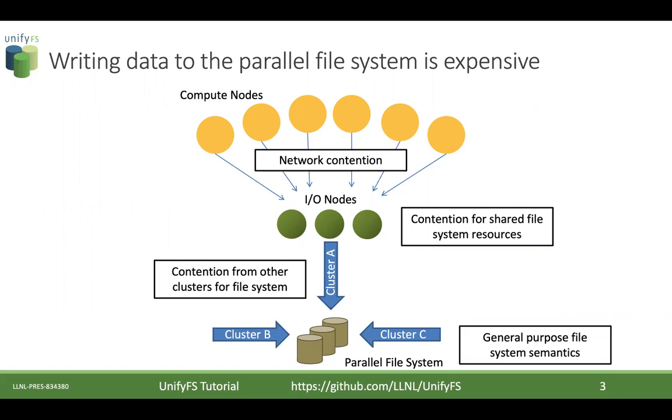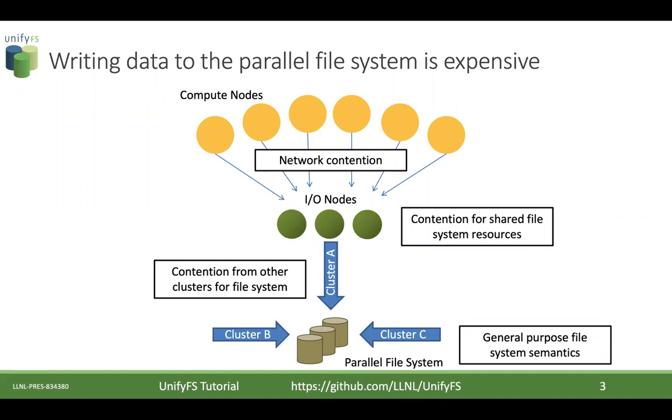Now, this architecture has many potential sources of I/O bottlenecks, which are highlighted here in these boxes. So first, at the top of the figure, we have contention on the HPC system network, where traffic on that network can contend with your I/O traffic that's passing over to the I/O storage network.